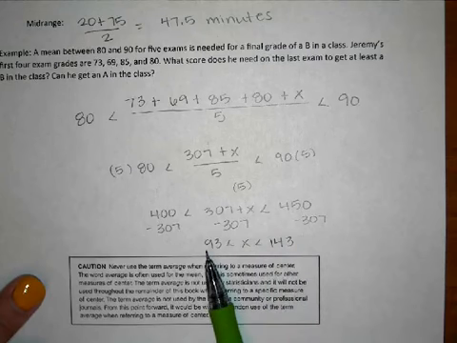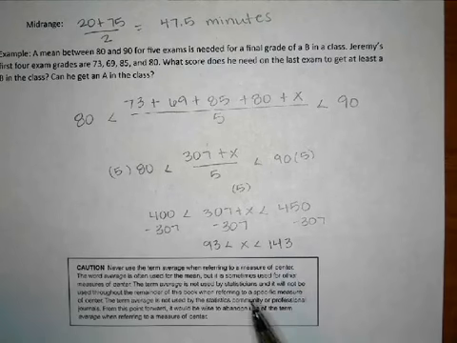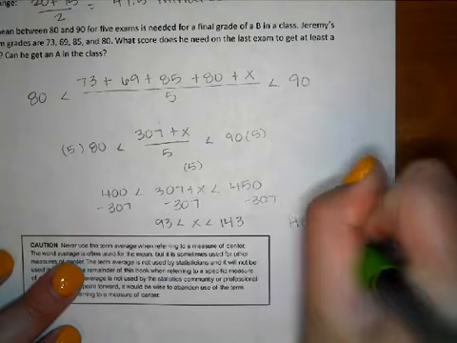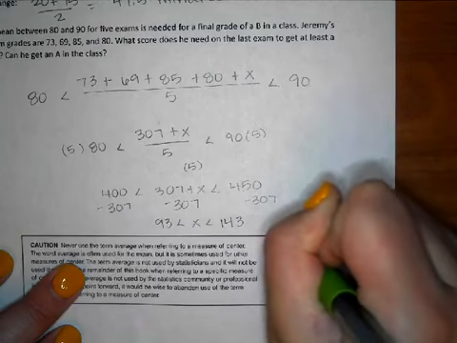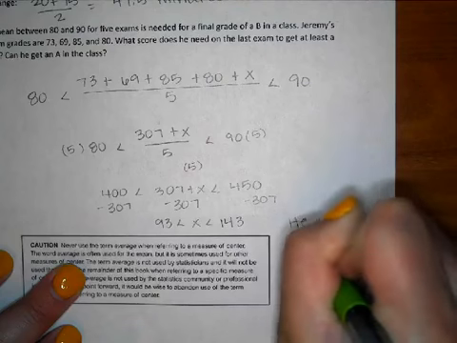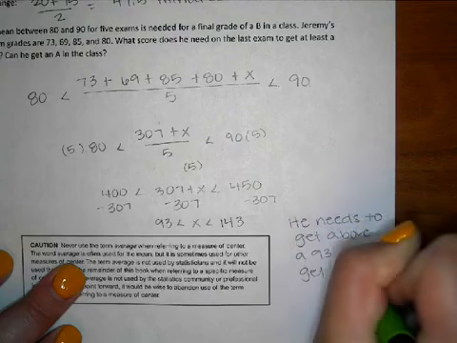143 does not make sense. So we would say, well, he needs to get above a 93. Or I could say, I don't know what grade he's going to get if he gets above a 93.